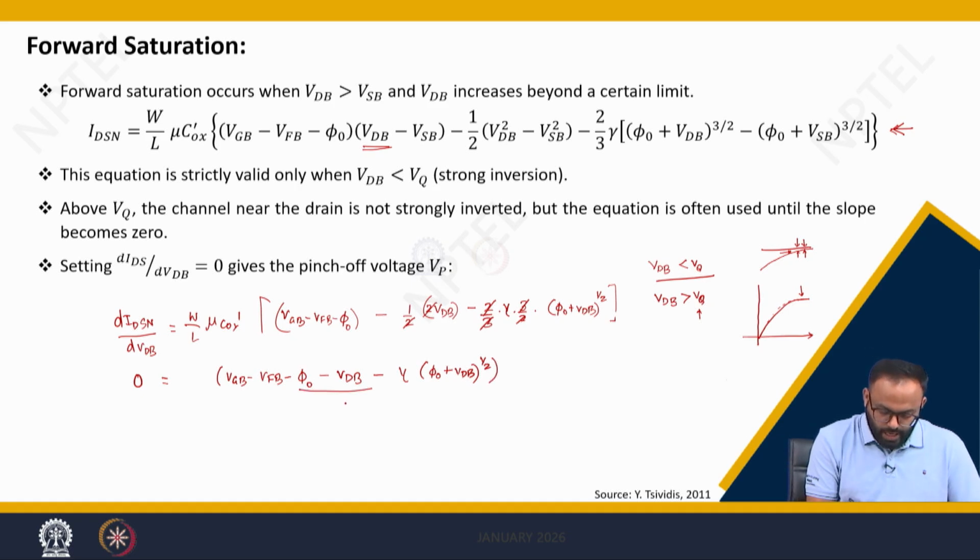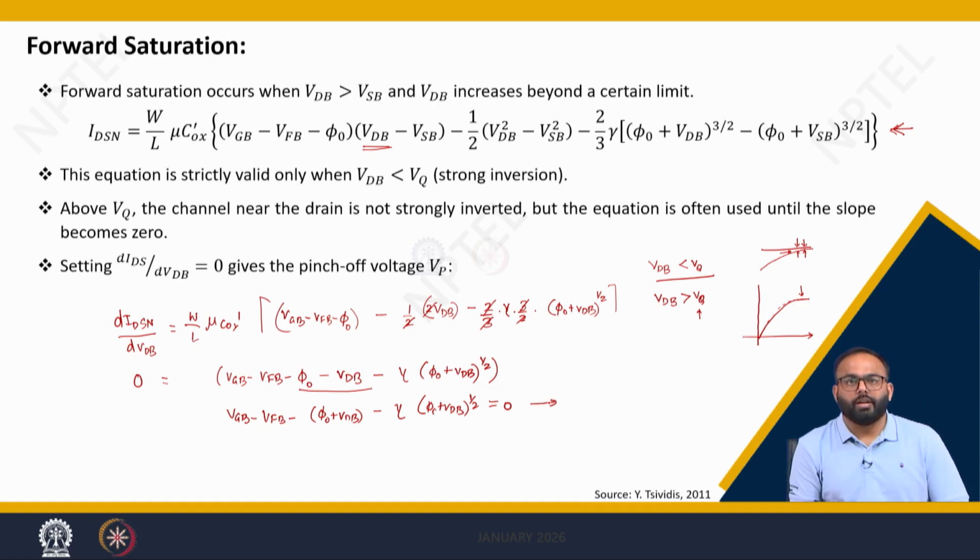This term can be written as VGB minus VFB minus phi naught plus VDB minus gamma times phi naught plus VDB to the power 1 by 2 equals 0, because the left hand side is 0. So you are actually solving a quadratic equation.